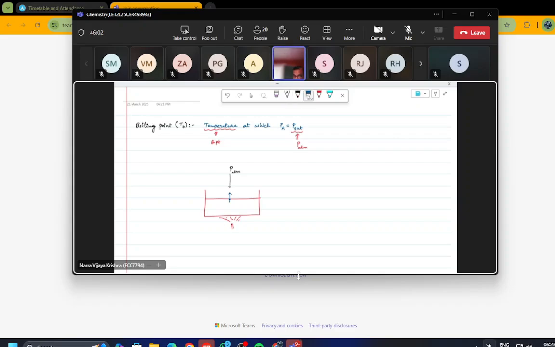This is the pressure exerted by the liquid, and this is the pressure exerted by the atmosphere. I don't call it liquid now, I call it gas. Why? When I'm giving energy, at the bottom of the vessel you will get gas bubbles. When I keep on heating, those bubbles keep sticking to the wall of the container and do not come out easily.